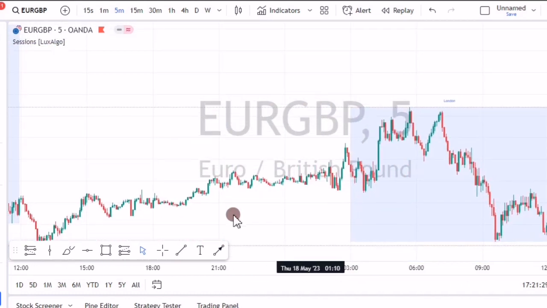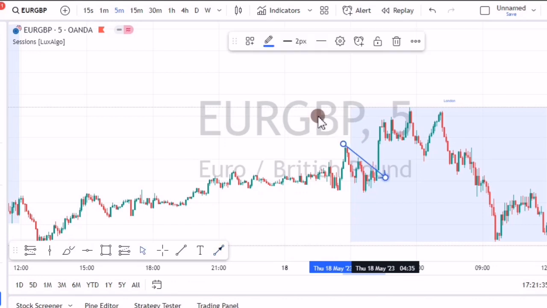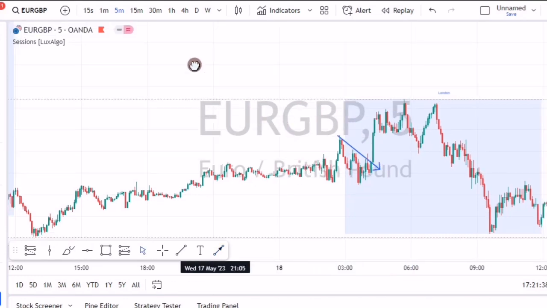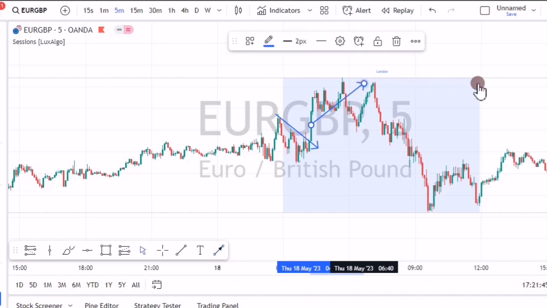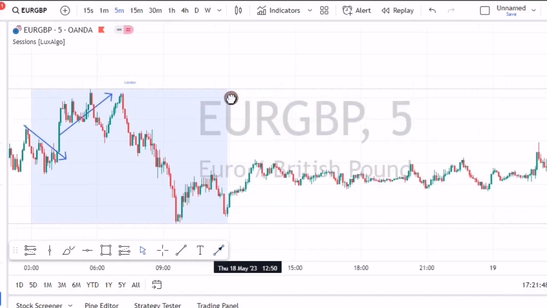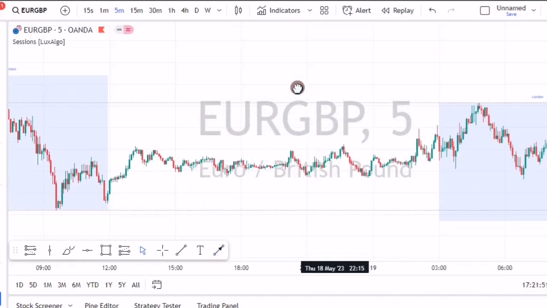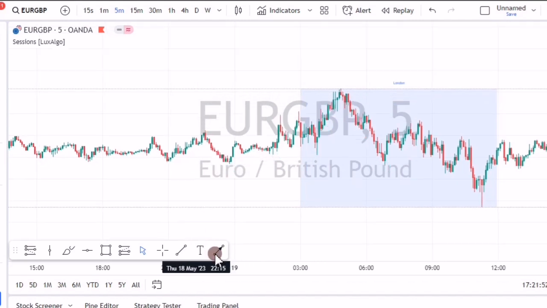This is another place. Price started by spiking downwards, and then it changed directions. Right here it happened again.